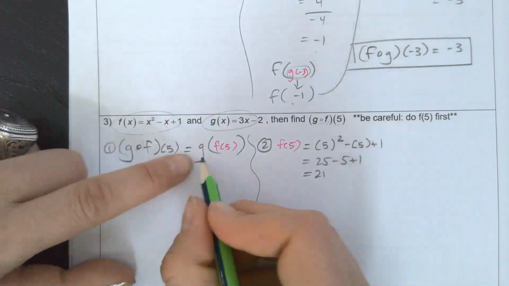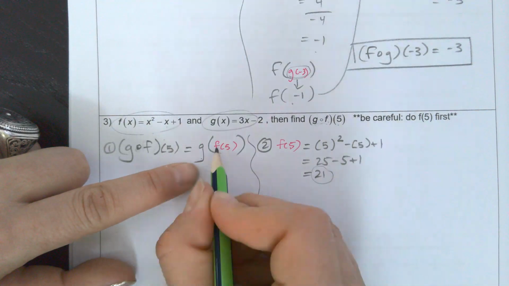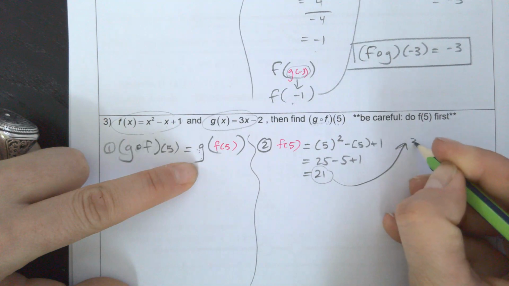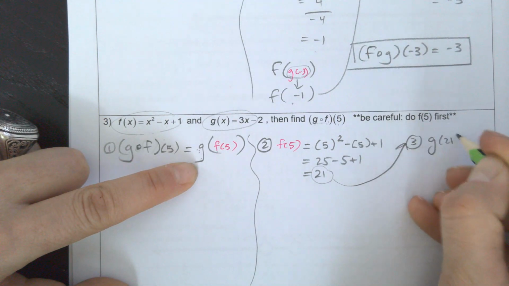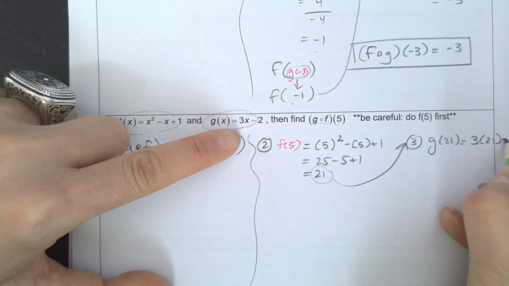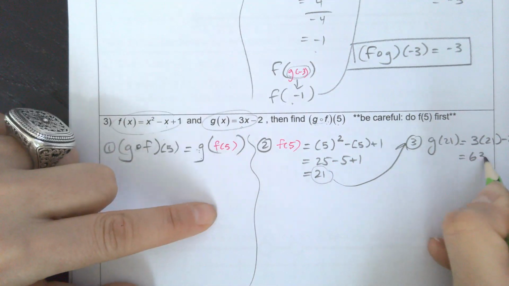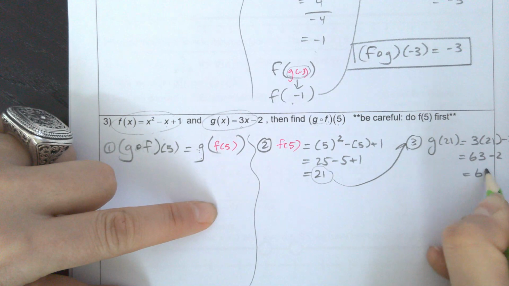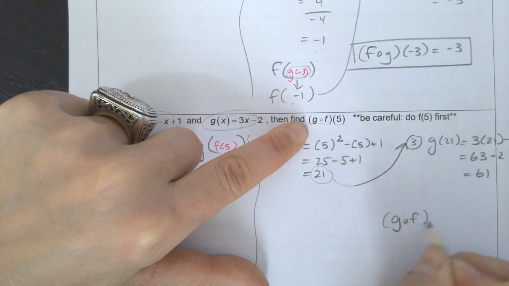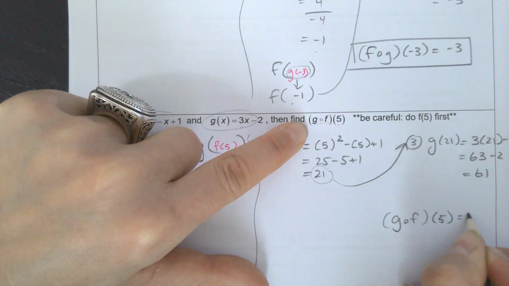So now I have to put a 21 into g. So g of 21. g is this, so I go 3 times 21 minus 2. That's 63 minus 2 equals 61. So now I know this thing, g of f of 5, is equal to 61.